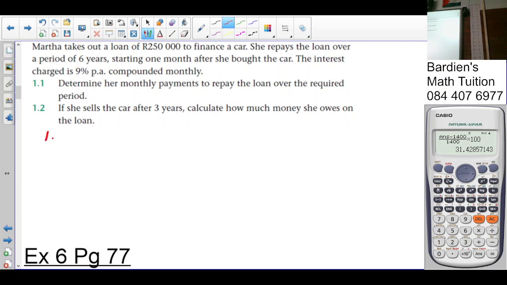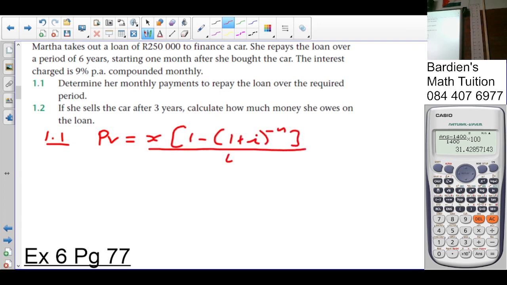So that is fairly simple. It's the PV formula. No? PV. Why? Because it is a loan. Not so. So PV is x into 1 minus (1 plus i) to the negative n, all over i. And what's your present value?